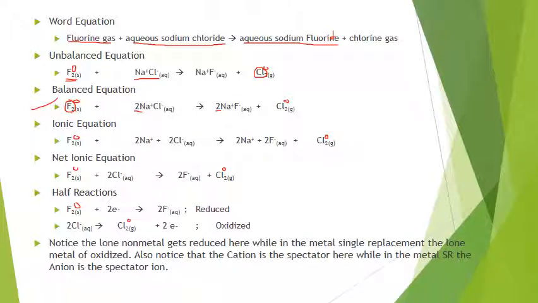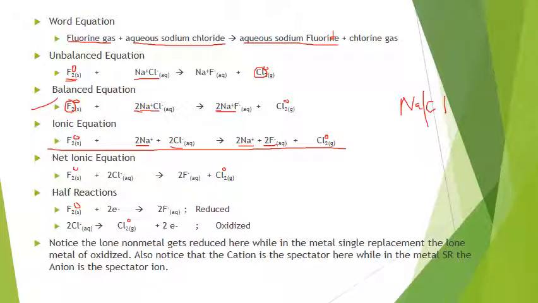The ionic, what does it look like in water? Okay, so you have NaCl. You put it in water, it splits apart into Na and Cl, and does that twice, so you have two Na, two Cl. You put the sodium fluoride in the water, it splits apart into Na and F and does that twice. Okay, so there's your ionic equation.